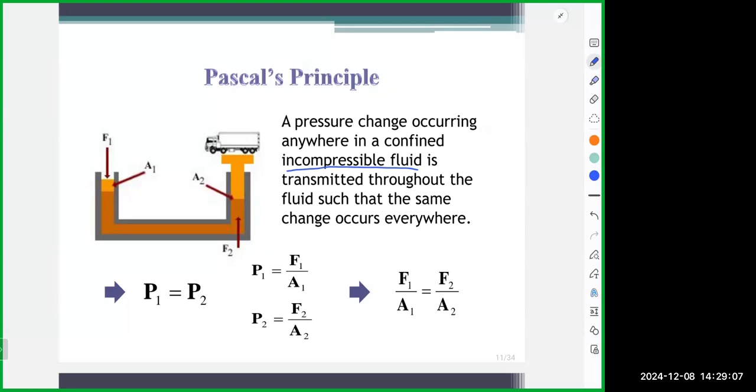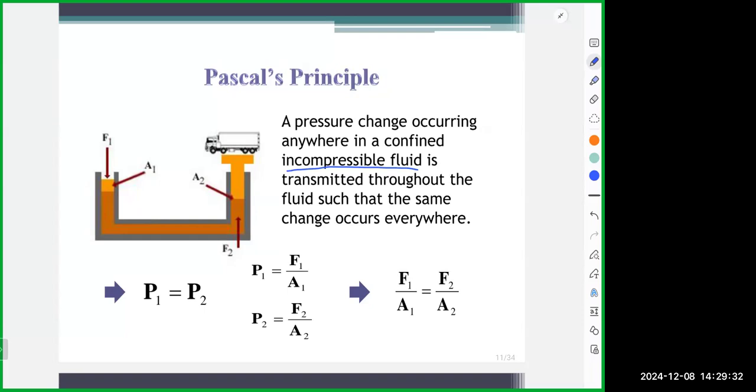Not bigger, not smaller. The fluid will try to find a way to leak, but it's not going to be bigger or smaller. It tries to transmit anywhere to fulfill the volume.